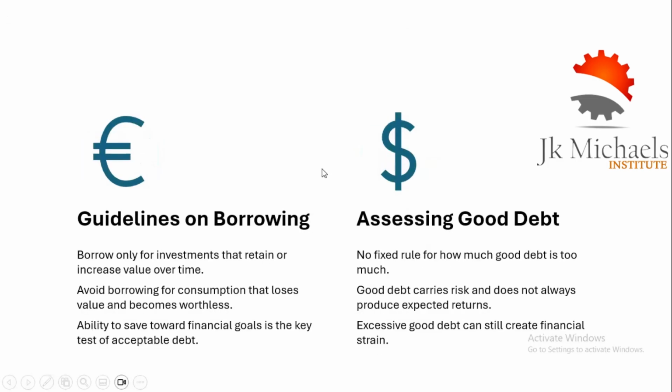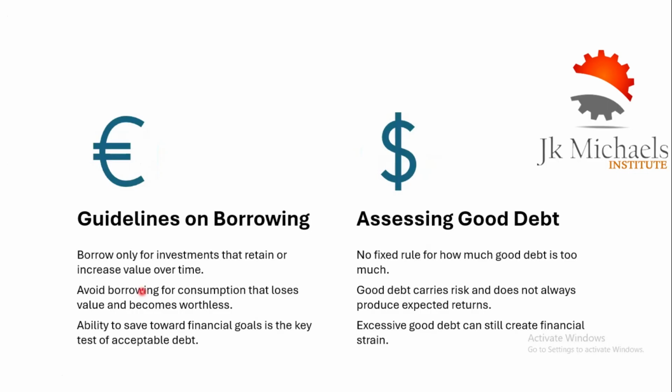Avoid them. Now, what are the guidelines on borrowing? Borrow only for investments that retain their value or increase their value over a period of time. Avoid borrowing for consumption that loses value or becomes worthless over time. Your ability to save towards financial goals is a key test of acceptable debt.